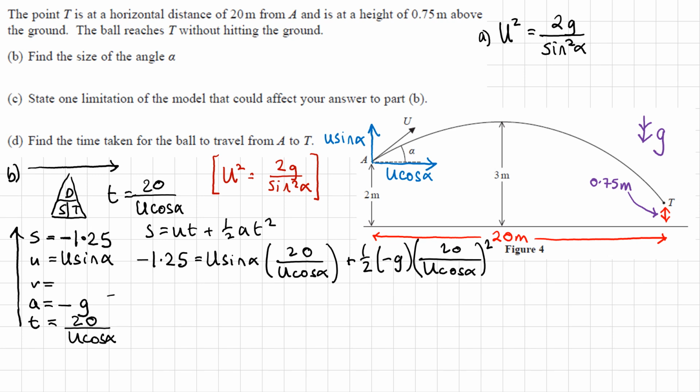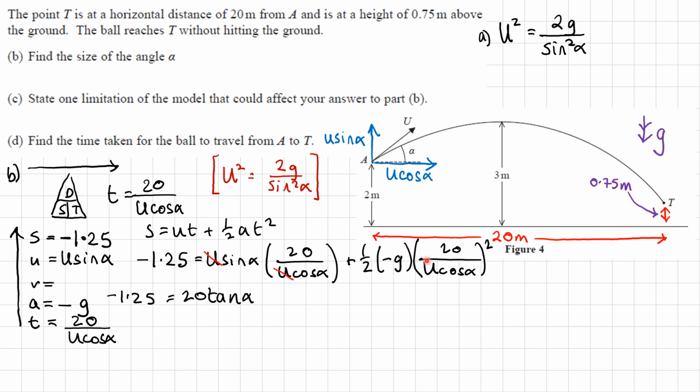So negative 1.25. Now here we'll end up with U sine alpha over U cos alpha. The U's will cancel out, leaving sine over cos, which is tan. So we'll have 20 tan alpha.